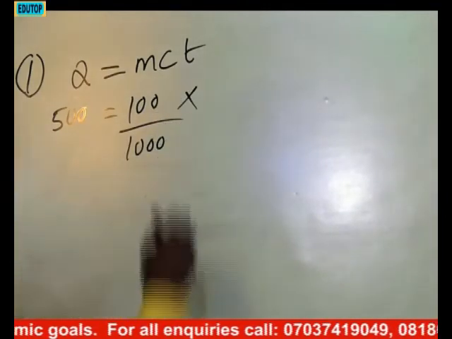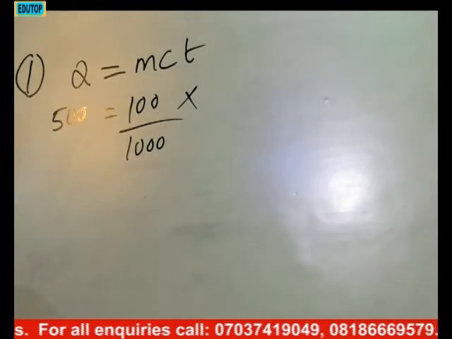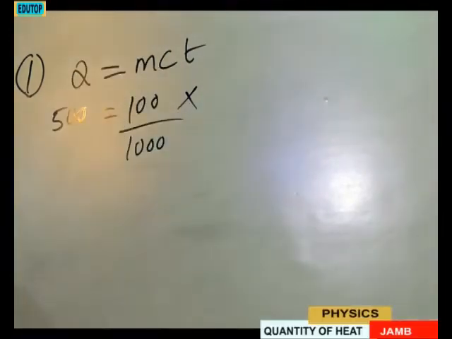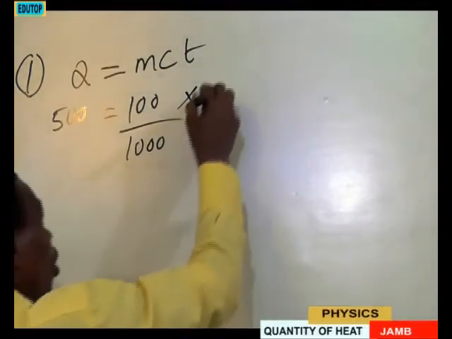Then we are given the value of specific heat capacity of water, which is our C, that is 4,200.